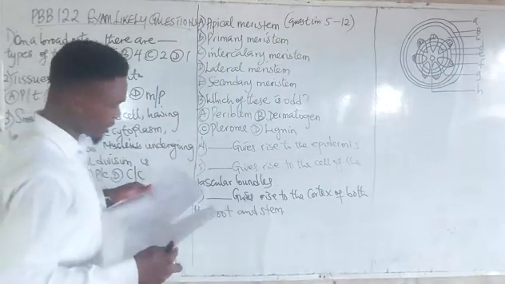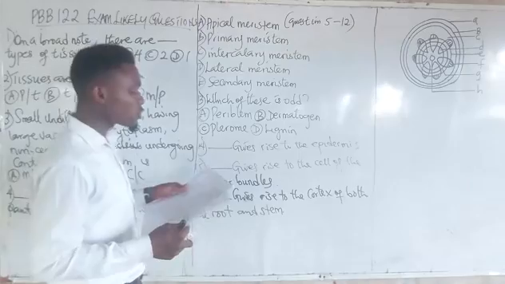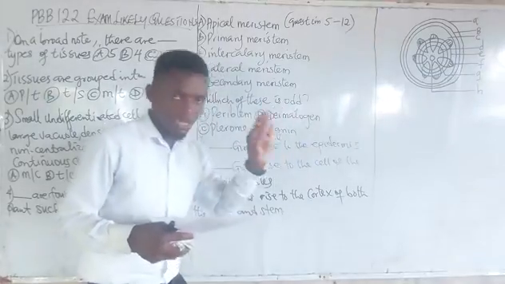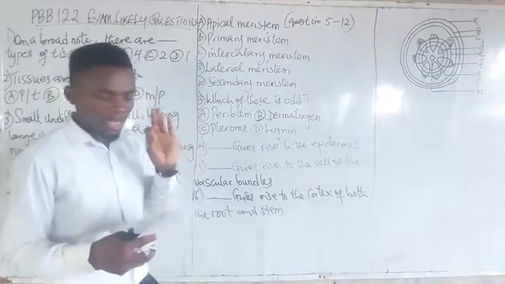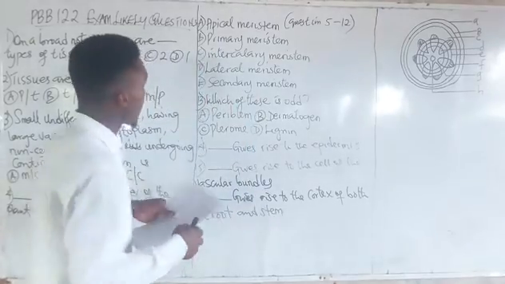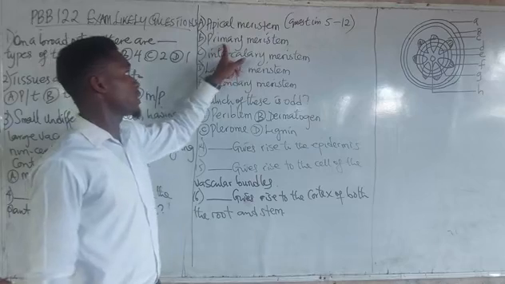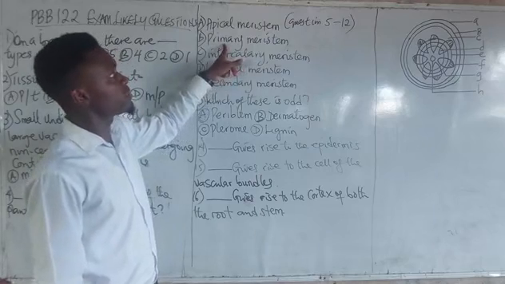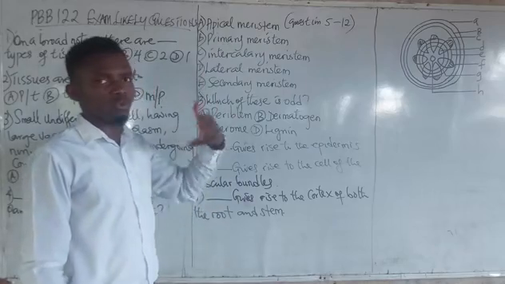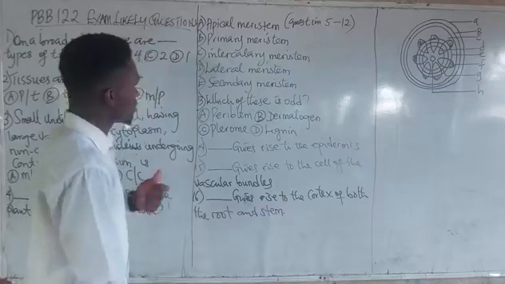I'll take the question again. Dash constitutes the cells found in the growing regions, such as the root apex and the cambium of the stem. The answer is the primary meristem. The primary meristem is found in growing regions that undergo continuous mitotic division.